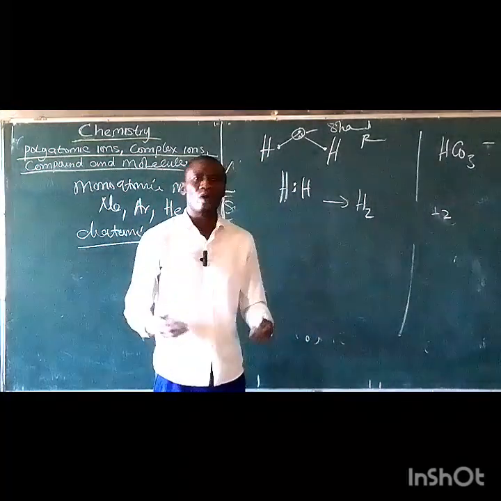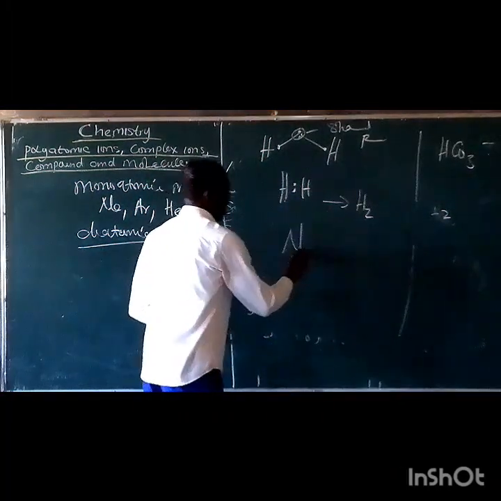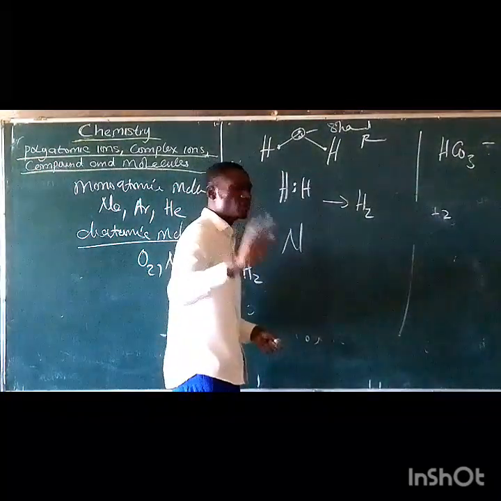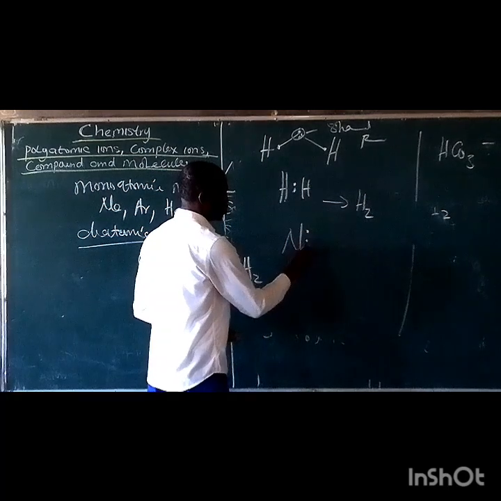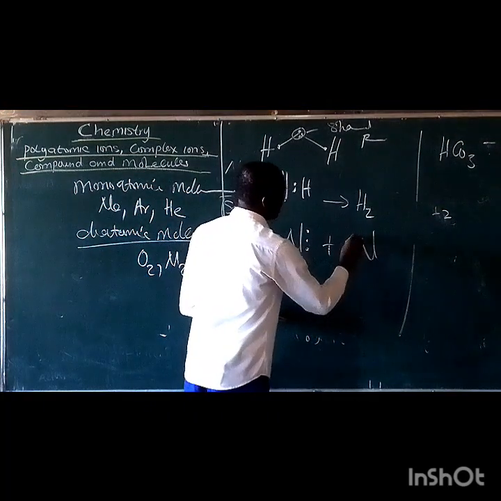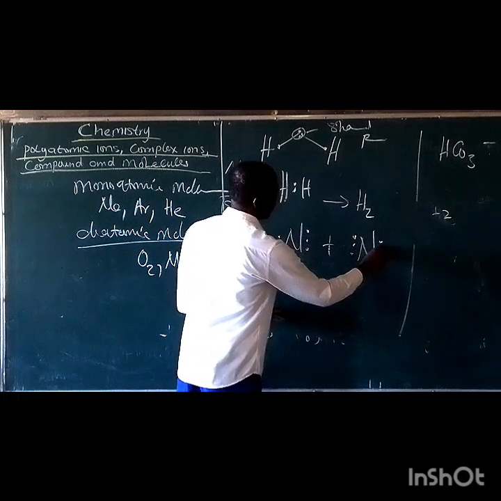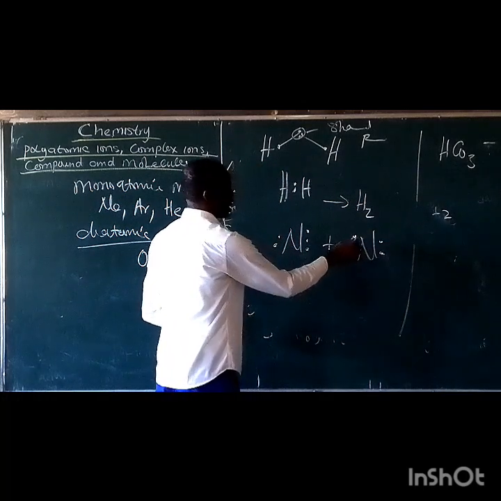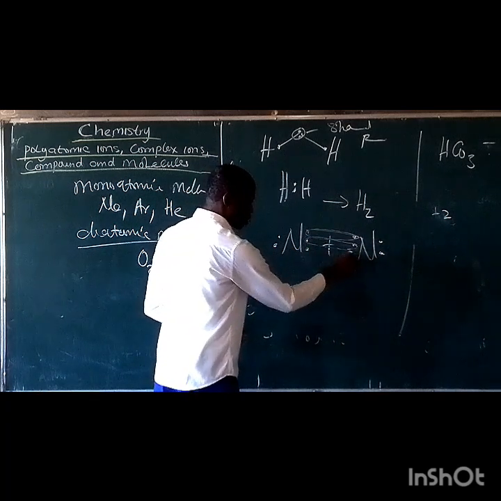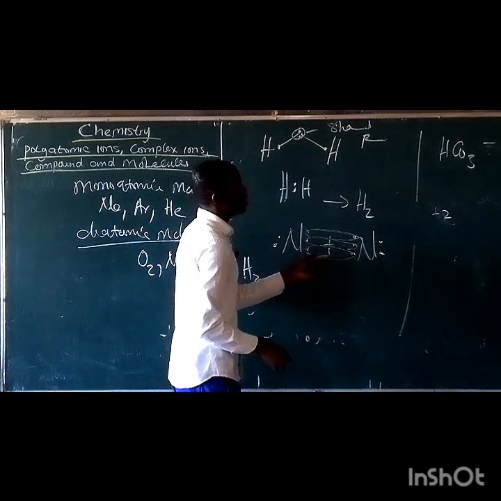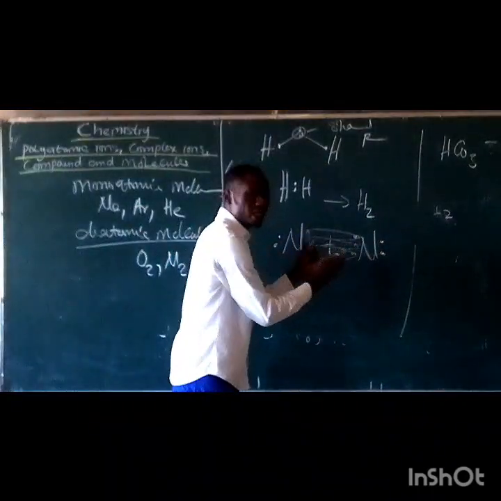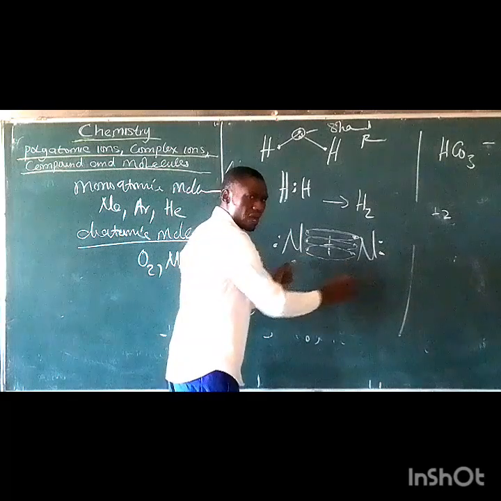Well, let's do another one, the one for nitrogen. Nitrogen has atomic number 7, and the outermost shell of nitrogen should have a valency of 5. So we have 1, 2, 3, 4, 5. This is the Lewis structure of nitrogen. And then we are combining it, 1, 2, 3, 4, 5. Then these electrons will be shared between these two elements.